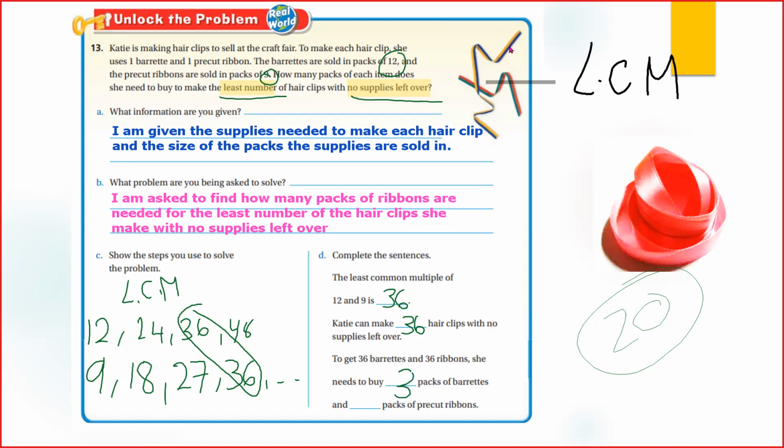And how many packs of ribbons? 4. Bravo, thank you. So you need to buy 3 packs of barrettes and 4 packs of ribbons in order to get 36 hair clips.